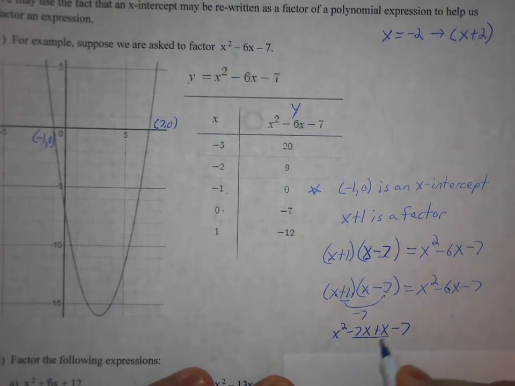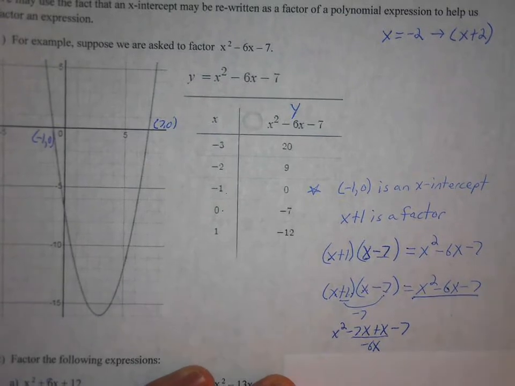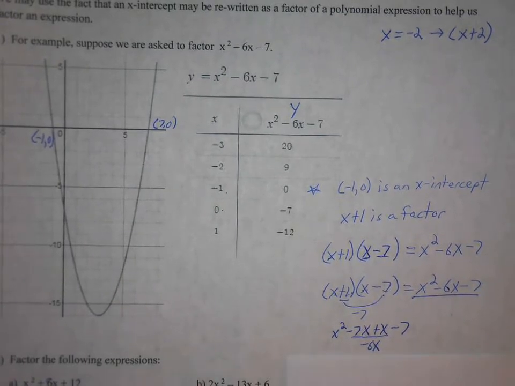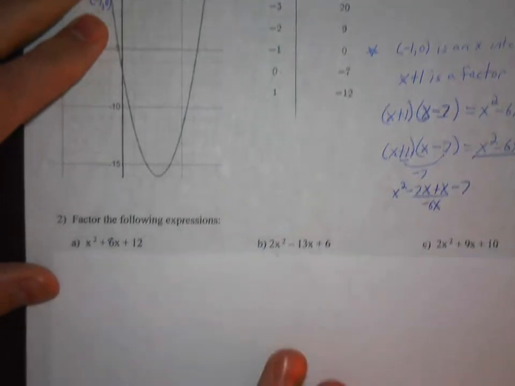Notice these two terms combine to -6x in the middle, and that's the polynomial that we were looking for. So that's how you can use your x-intercept turned into a factor to find the second factor of a polynomial.